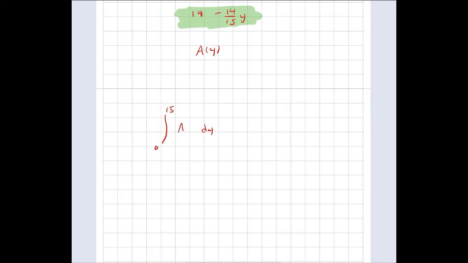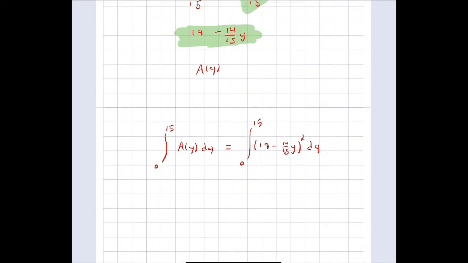So I can sum volumes, and then I'm multiplying by the cross-sectional area. And so this turns out to be, I can do it a little bit nicer, the integral from 0 to 15 of 19 minus 14 over 15 y, squared, dy.